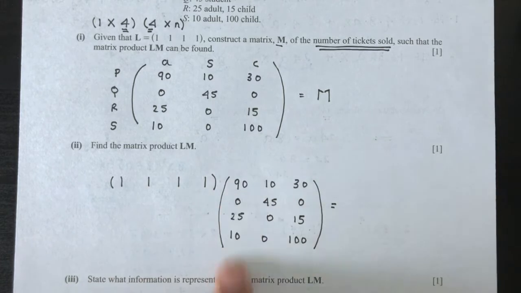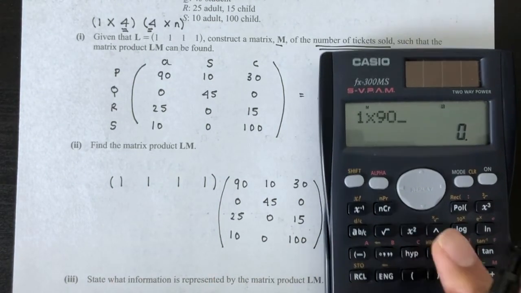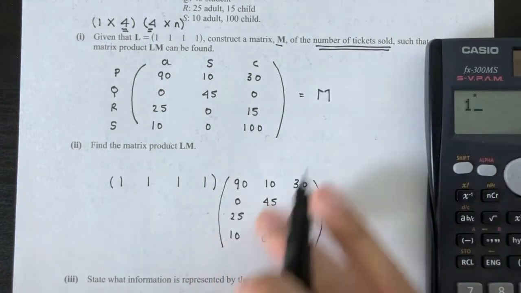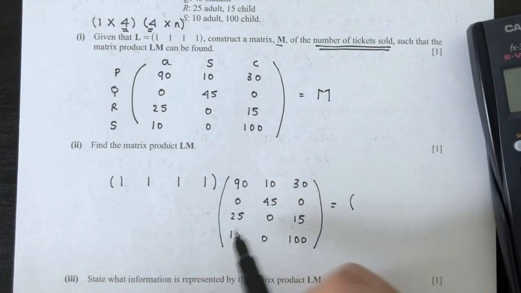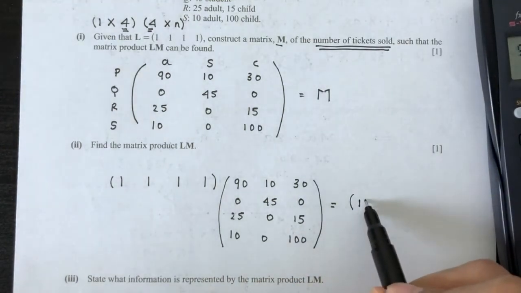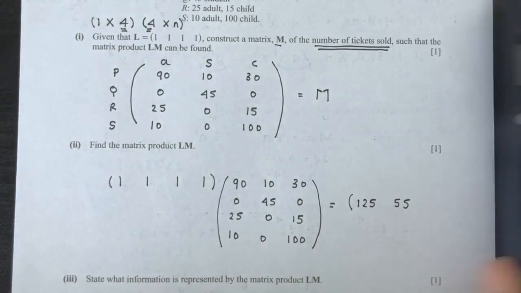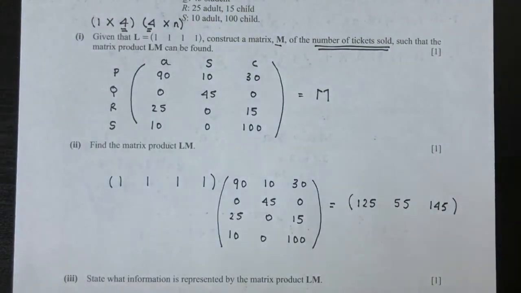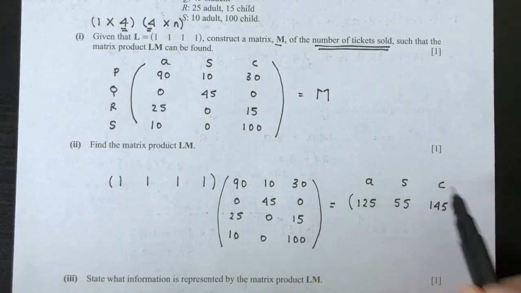Rows by column, so basically we just have to add everything in the columns. You will have 90 plus 25 plus 10, that will be 125. 10 plus 45 is 55, and this will give you 145. This is the number of tickets sold for adult, student, and child.